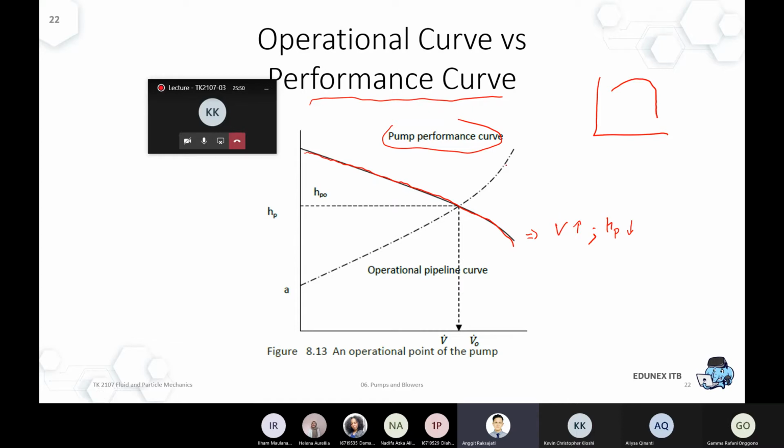Okay, but now you can also check the operational pipeline curve, which is going into the opposite direction. So this is about the total delta P of the system. That includes the delta P in pipe plus the delta elevation plus the delta P between source to destination.